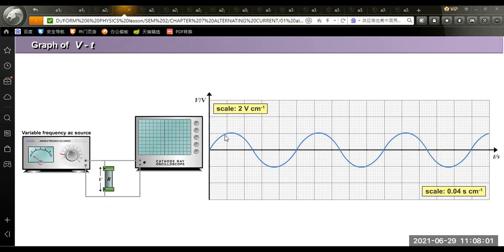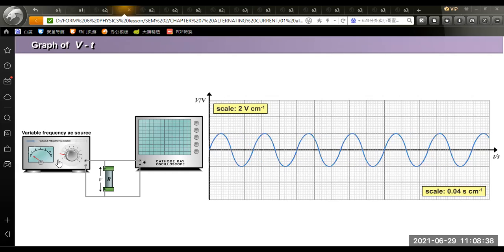One scale, 1 cm, means 2 volts. And the time scale is 0.04 second per cm, so 1 cm is equal to 0.04 seconds. Here, how many? 1, 2, 3, 4, 5. That means 5 cm shows the period. So the period is equal to 5 times 0.04, that means the period is 0.2 seconds.